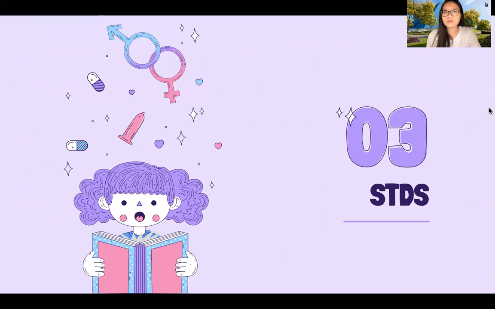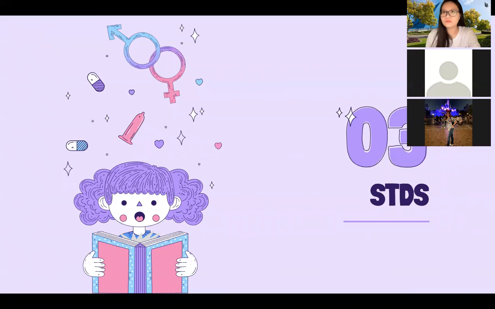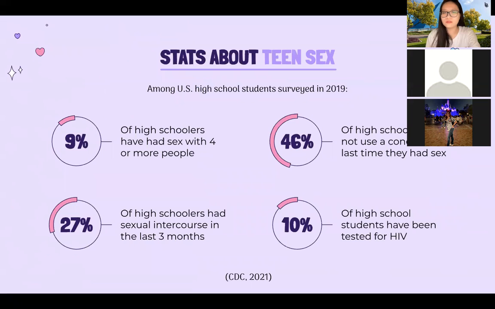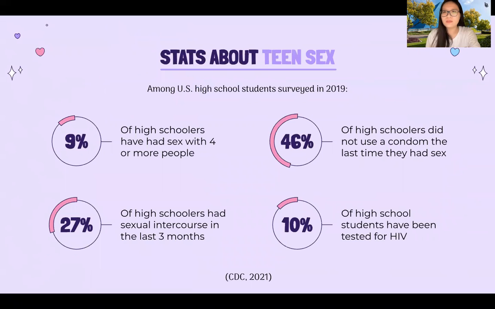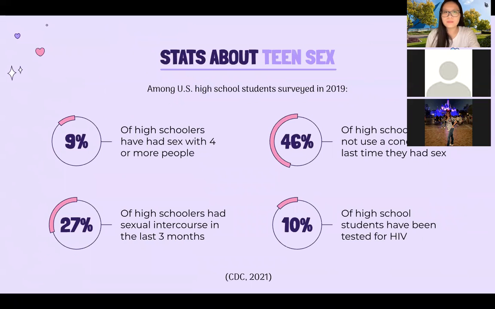Okay, so next up is STDs. These are some statistics about teen sex. Among US high school students surveyed in 2019, 46% of students did not use a condom last time they had sex, and 10% of students tested for HIV.